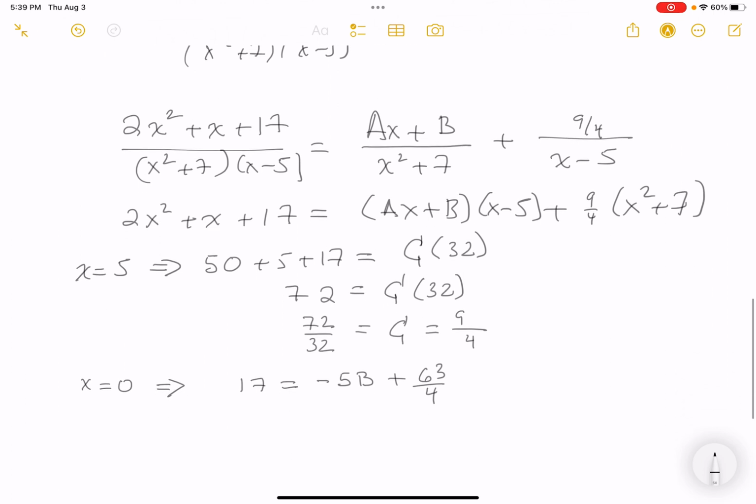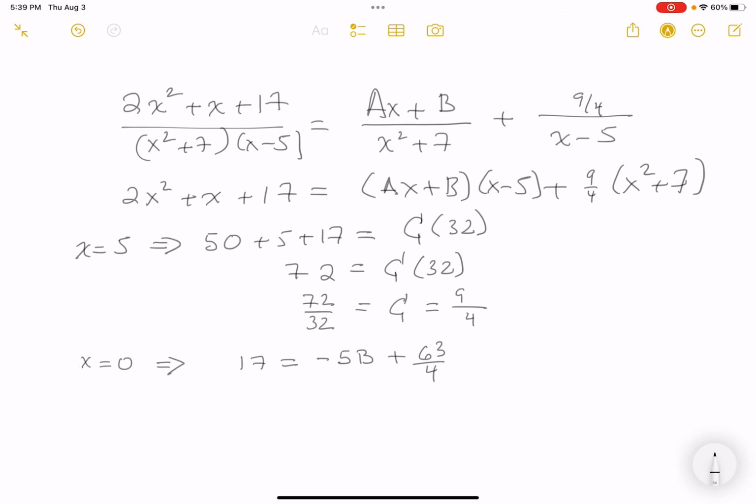All right? Now, granted, they're kind of nasty numbers, but not so nasty I can't deal with them. I'm going to multiply both sides by 4. 4 times 17 is 40 and 28, 68. Minus 4 times minus 5 is minus 20b plus 63.